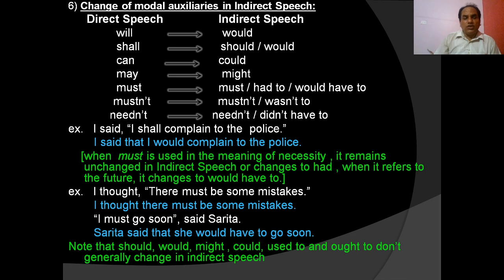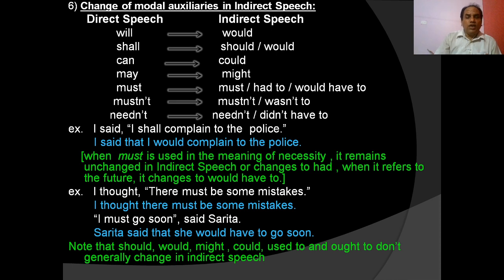When must is used in the meaning of necessity, it remains unchanged in indirect speech or changed to had to. I take the example: I thought there must be some mistakes. I thought that there must be some mistakes. No change, because it is a necessity, probability.